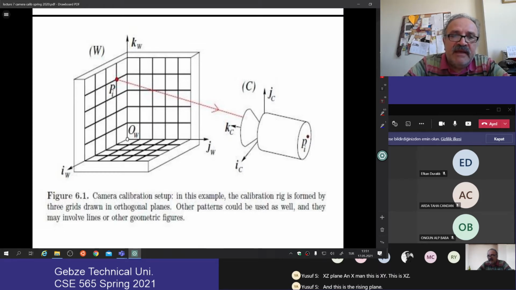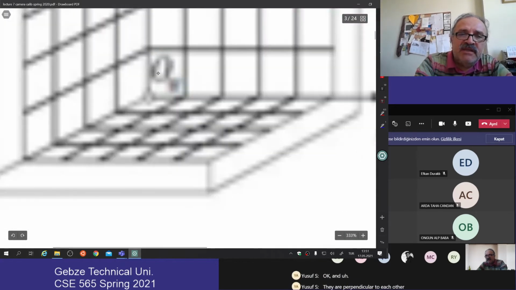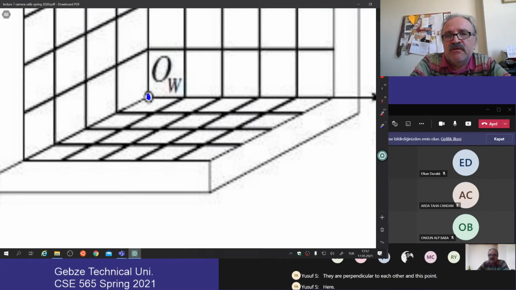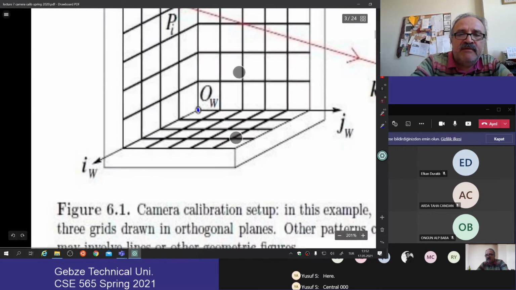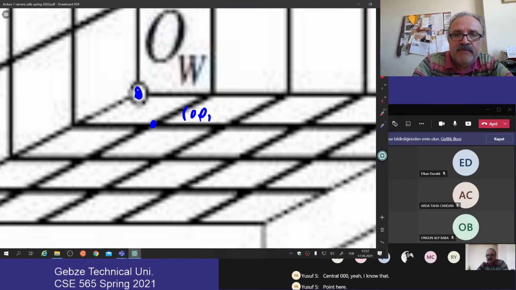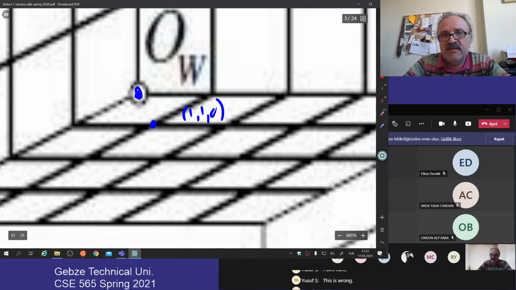They are perpendicular to each other, and this point here is my center of the world, 0, 0, 0. Okay, I know that one. And this point here is 1, 1, 0 in terms of millimeters.